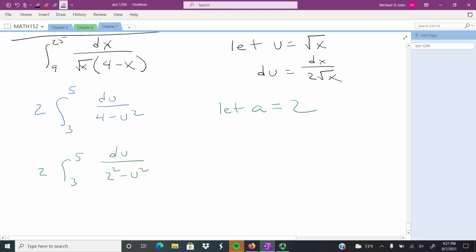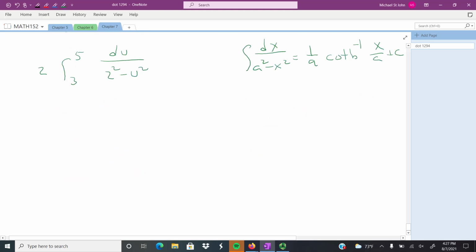And so this is in the form of this, which is 1 over a inverse hyperbolic cotangent of u over a. And so this will become, when I do this, 5 over 2 minus cotangent inverse of 3 over 2.